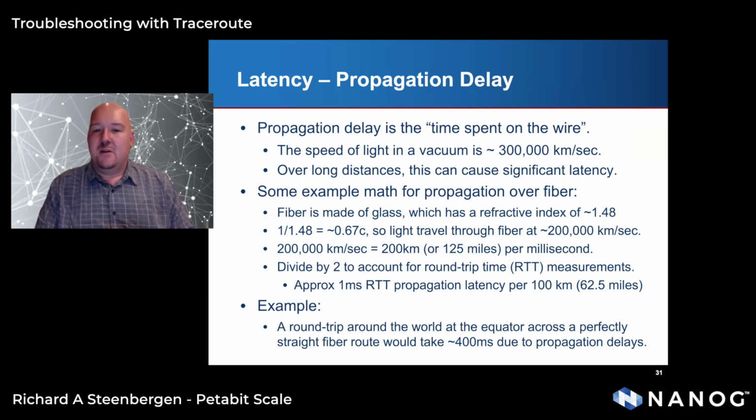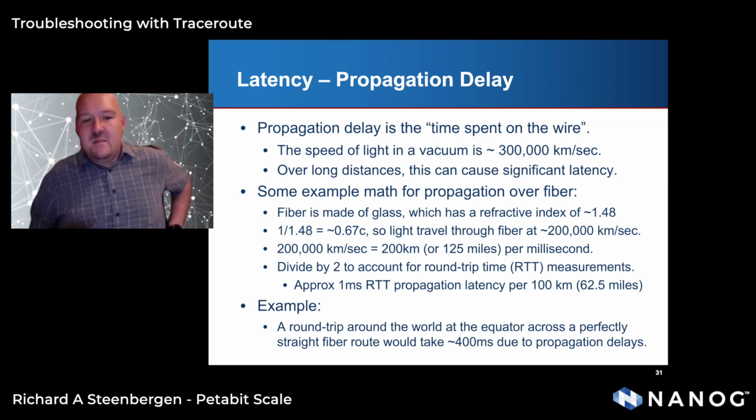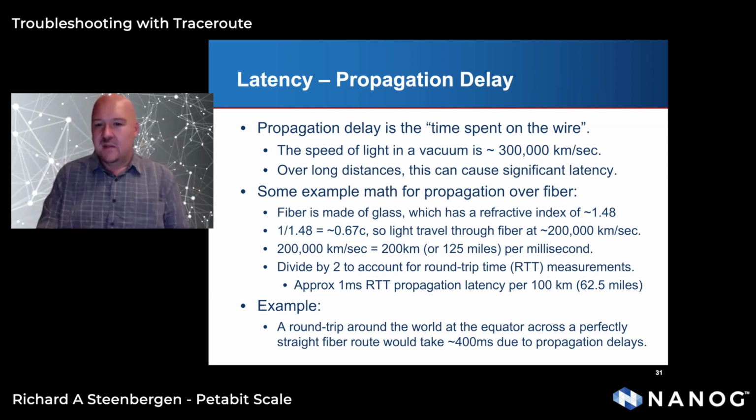The next thing we look at is the propagation delay. Effectively, if you think about it, this is the time spent on the wire. Simple math: the speed of light in a vacuum is about 300,000 kilometers per second. Fiber is actually made of glass and has a refractive index of 1.48 for SMF-28.